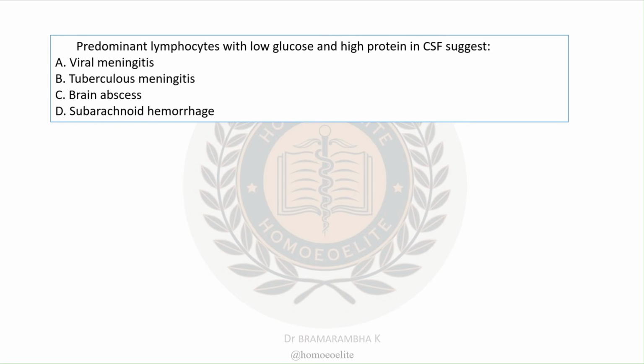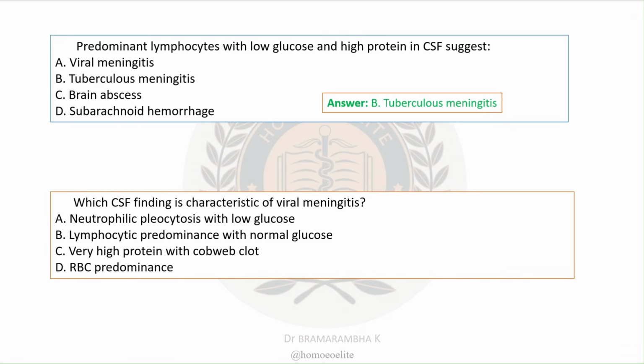So next MCQ: predominant lymphocytes with low glucose and high protein in CSF suggest tubercular meningitis. In the previous table, we already saw this. Okay. So which CSF finding is characteristic of viral meningitis?